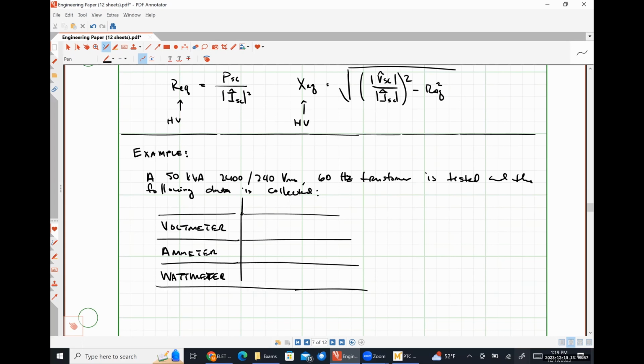So our open circuit test was performed on the low voltage windings. Our short circuit test was performed on the high voltage windings. And we find that VOC is 240 volts RMS. IOC was 6.5 amps RMS.